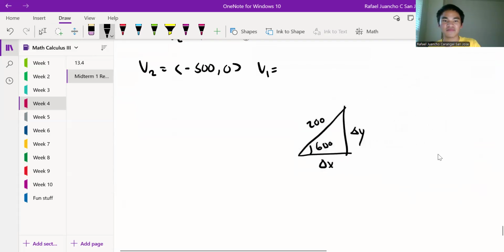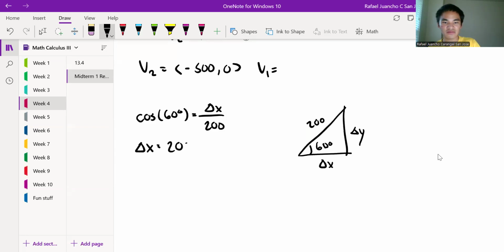That's also something I have to know. I have a cosine of 60 here, which is just my adjacent, so my delta x over 200. Oh, look at that. My delta x, now I found it, is 200 cosine of 60 degrees.